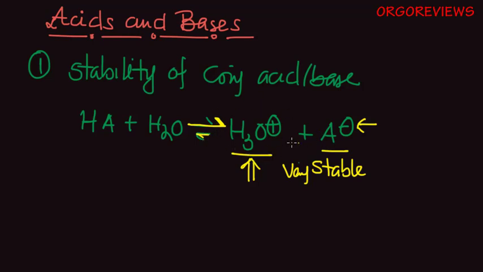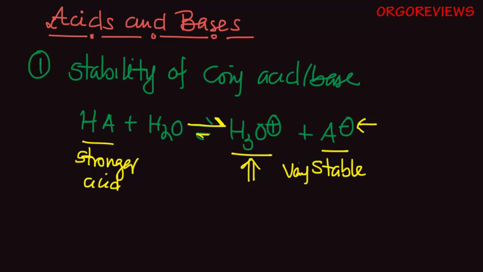And in order for that to happen, if you're able to stabilize this conjugate base, then there's no tendency for it to react with the acid to get back the unionized acid and the water. So if you have a stable conjugate base, then this acid is going to be a strong acid. So having a stable conjugate base indirectly tells you that you have a stronger acid.